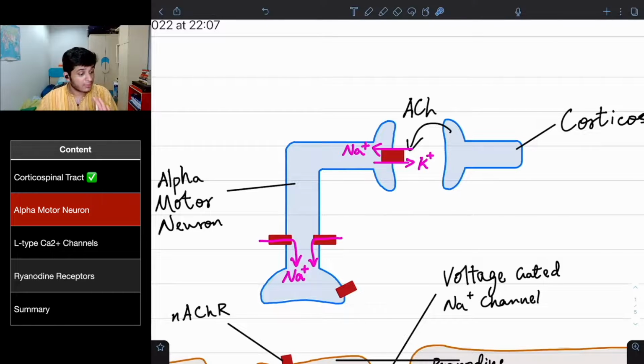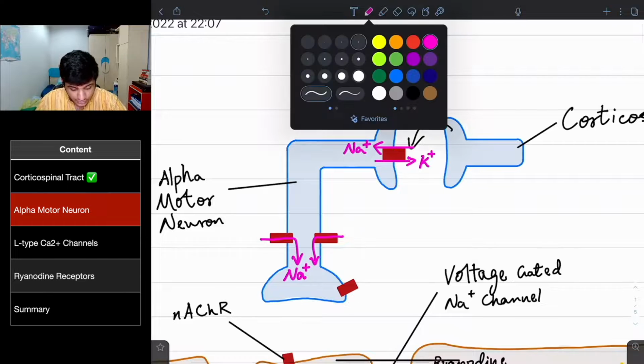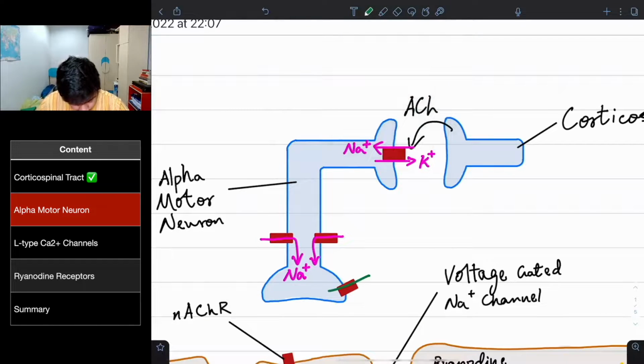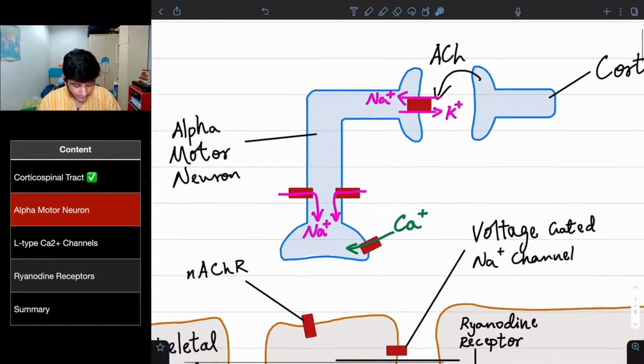Influx means a movement of positive ions into the cell. So let's draw that there's an influx of calcium ions because of these sodium ions. Now, this causes neurotransmitter vesicles within the alpha motor neuron, right here, to fuse to the cell membrane.